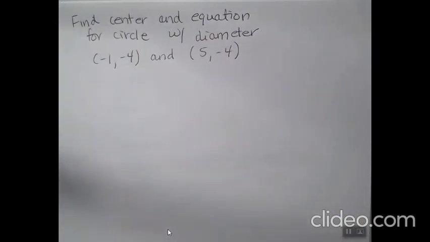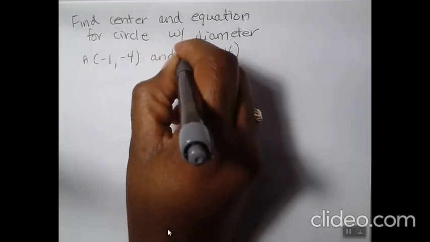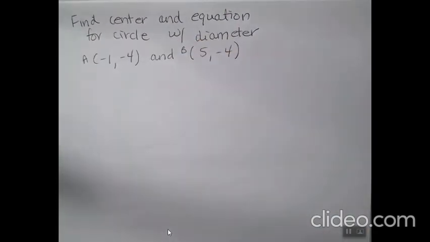These are 2 points on the line. I'm going to call them A and B. 2 points on the line and on the outside of the circle. So this is the diameter and it's the outside of the circle. Well, how are we going to find out the equation of the circle? What things do we need?